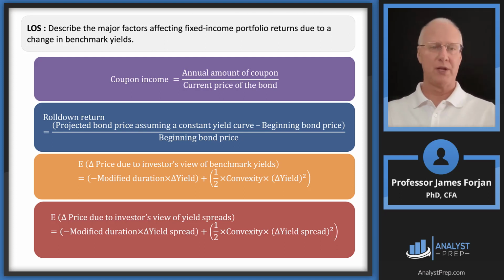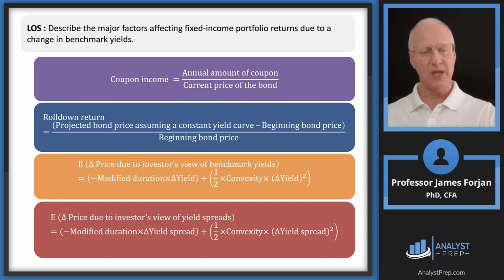Now remember, duration is a first derivative. Convexity is a second derivative of the price-yield relationship, and that's why you have a squared there over on change in yield, and that's why you have a 1/2 there. That's the result of calculus. Nothing for you to worry about. And then if you skip down to the red, we do the exact same thing for yield spreads.